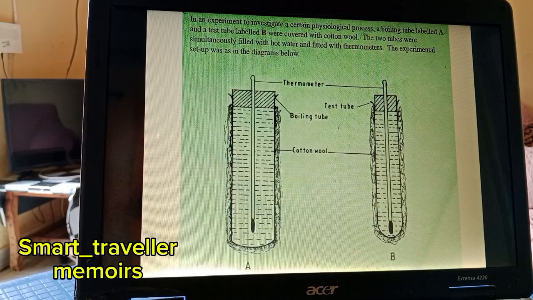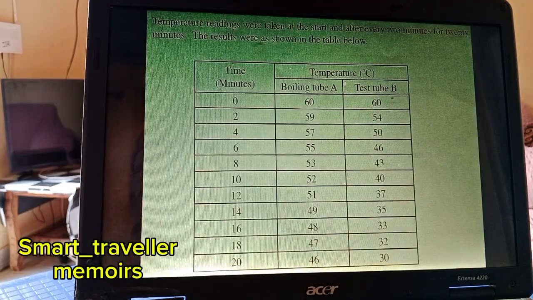Okay, so you can see the thermometers, the test tube, the boiling tube, and the cotton wool. A is a boiling tube, B is a test tube. Temperature readings were taken at the start and after every 2 minutes for 20 minutes. The results are as shown in the table below.